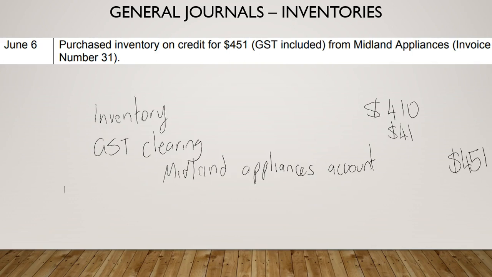Okay, so at the moment, if we look at our little T account for inventory, we've just put a debit in there, 410. We've got $410 worth of inventory sitting in there. And then when we sell it, we're going to have to take it out of that account. Okay, so pretty simple so far.